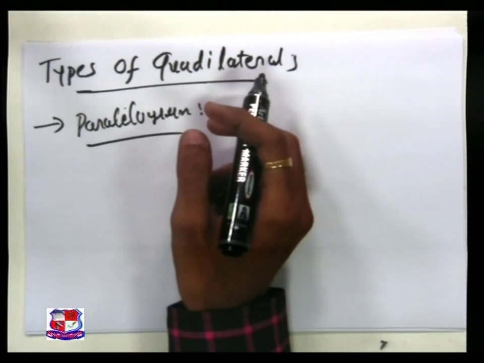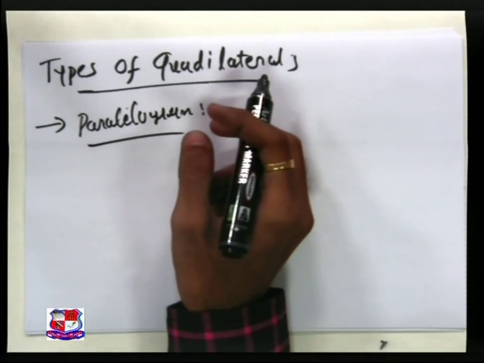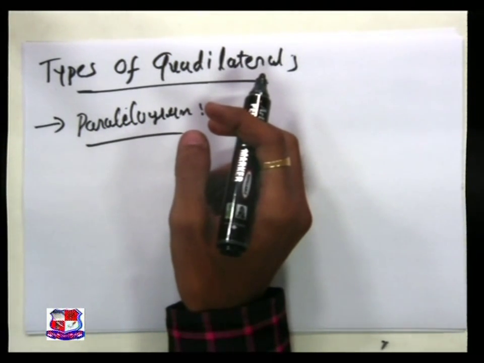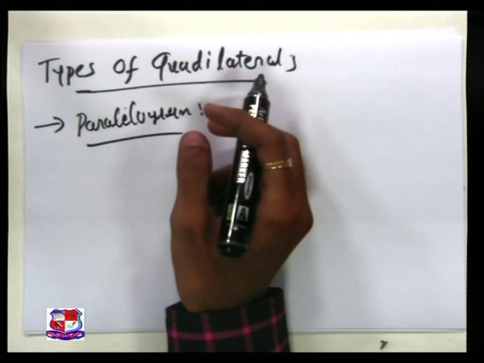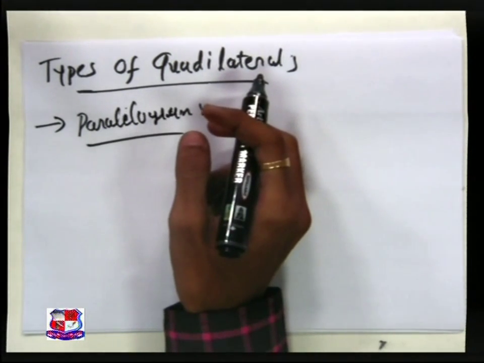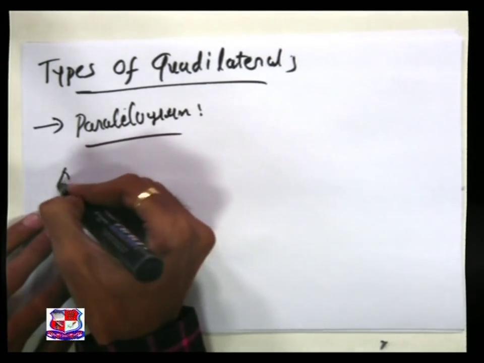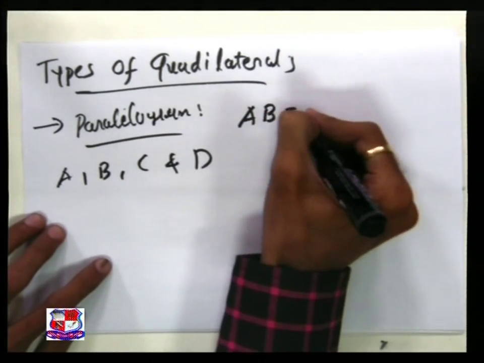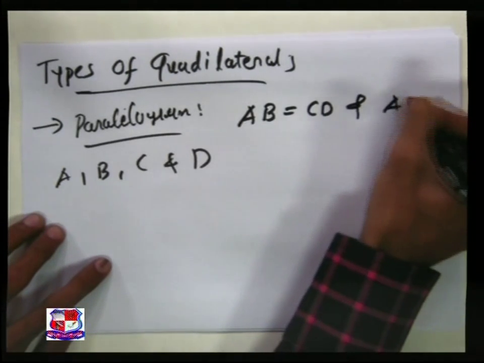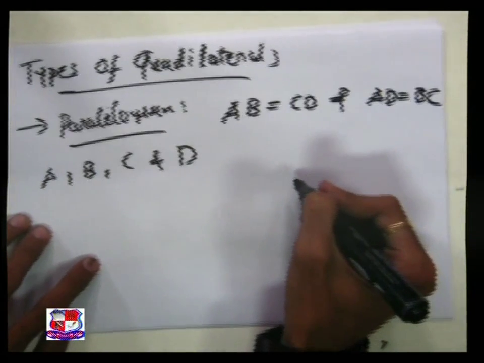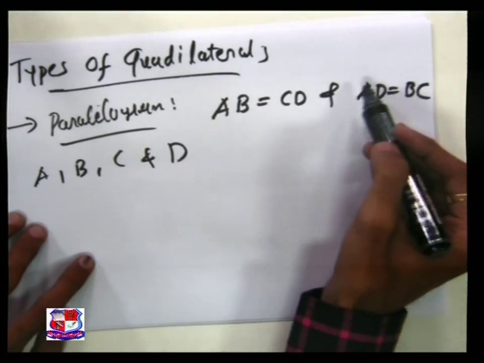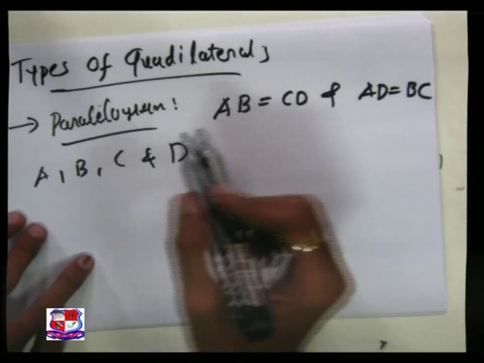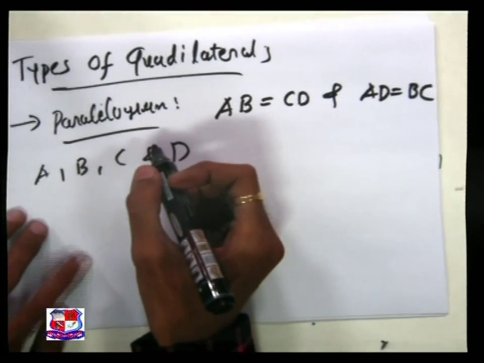Then if AB is equal to CD and BC is equal to AD, then that is known as a parallelogram. So for the vertices A, B, C and D, if AB is equal to CD and AD is equal to BC, that means the opposite sides are equal, then this quadrilateral is known as a parallelogram, right?